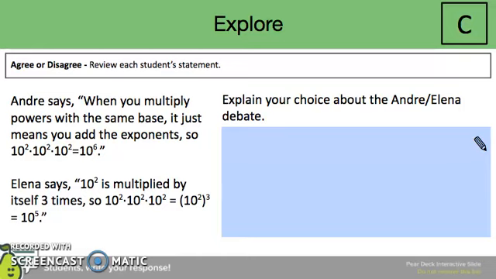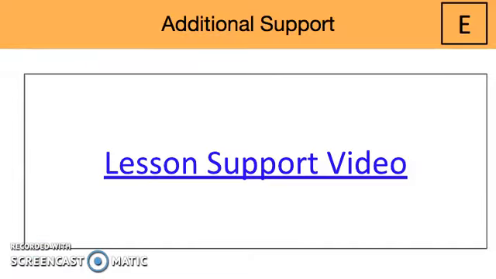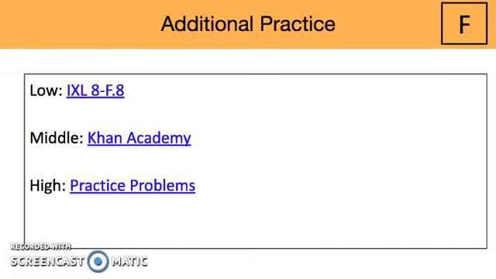That way they can be reminded of what details they want to use to explain their thinking from the multiple choice. The lesson ends with the summary in which students will answer the question, how do exponent rules work? There is a lesson support video, and there's additional practice from IXL, Khan Academy, and Open Up Resources.